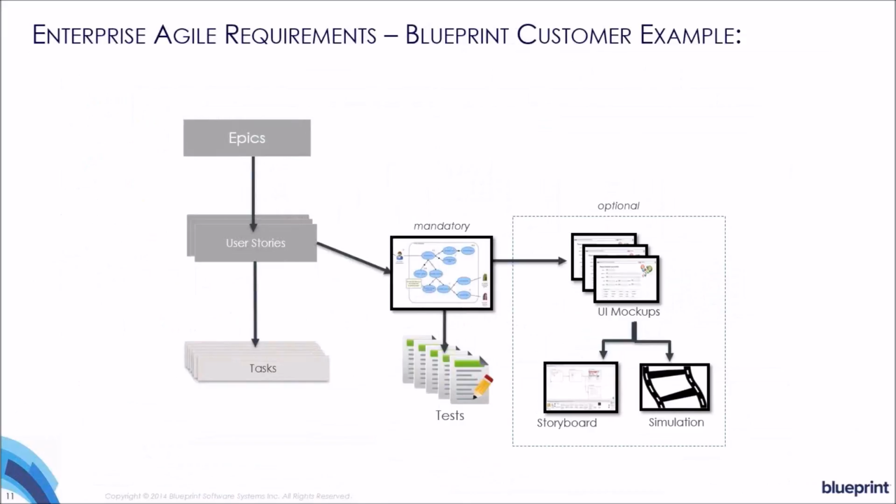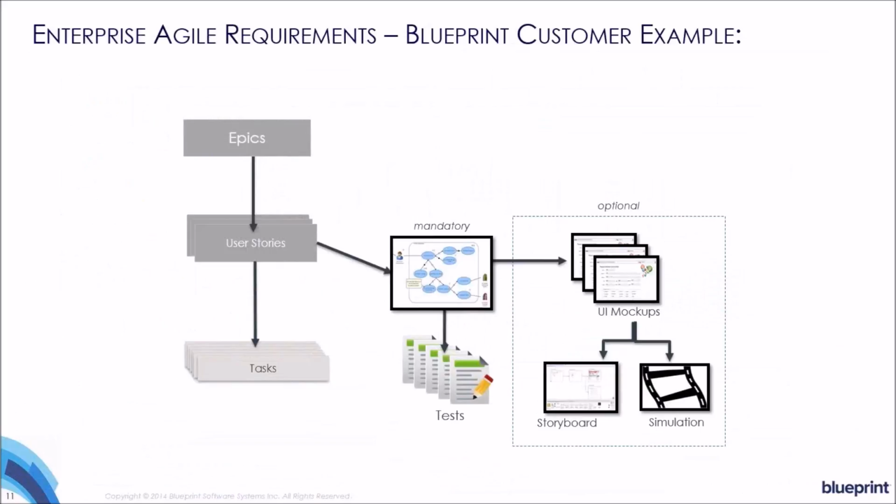By the way, both of these examples are consistent with the Scaled Agile framework by Dean Leffingwell. Here's how one of our customers is using Blueprint to bridge the gap. To start, they derive user stories from epics. Stories are synced with their application delivery system, where they create tasks from the user stories.